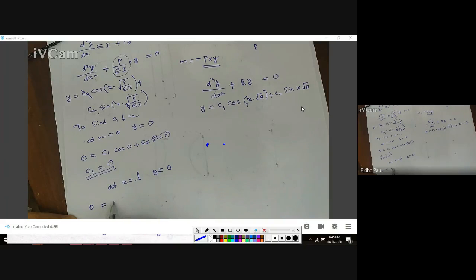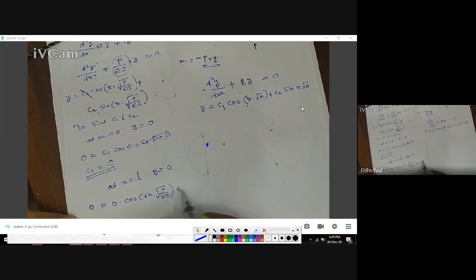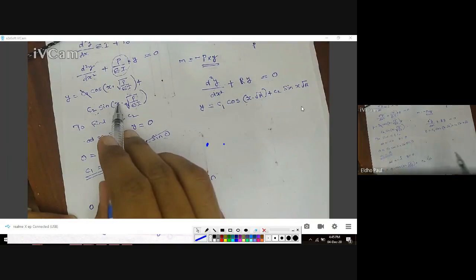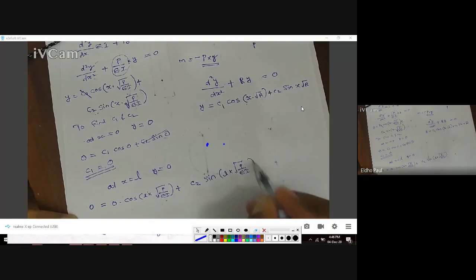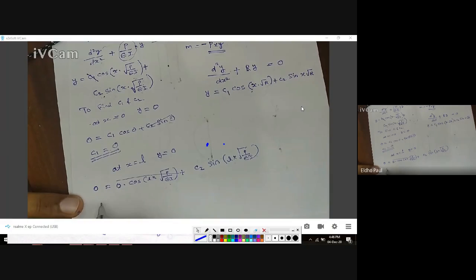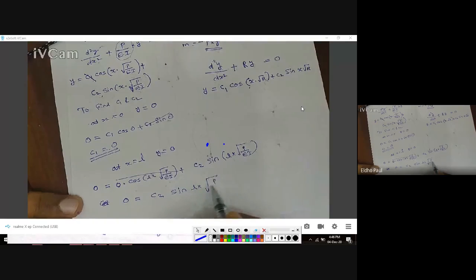So 0 into cos L root p by EI plus c2 sin, here x equal to L, so L into root p by EI. This term equal to 0 because this is 0. So 0 equal to c2 sin L into root p by EI.